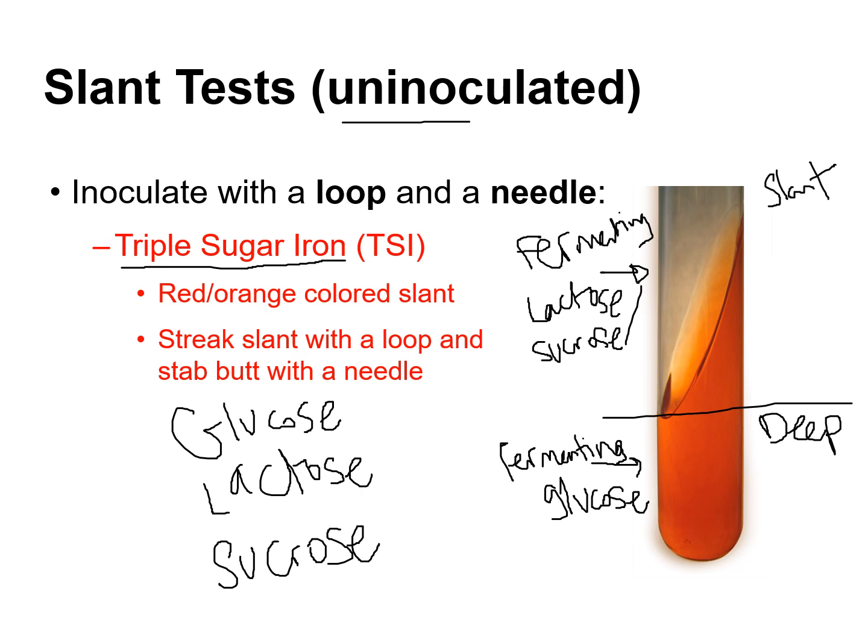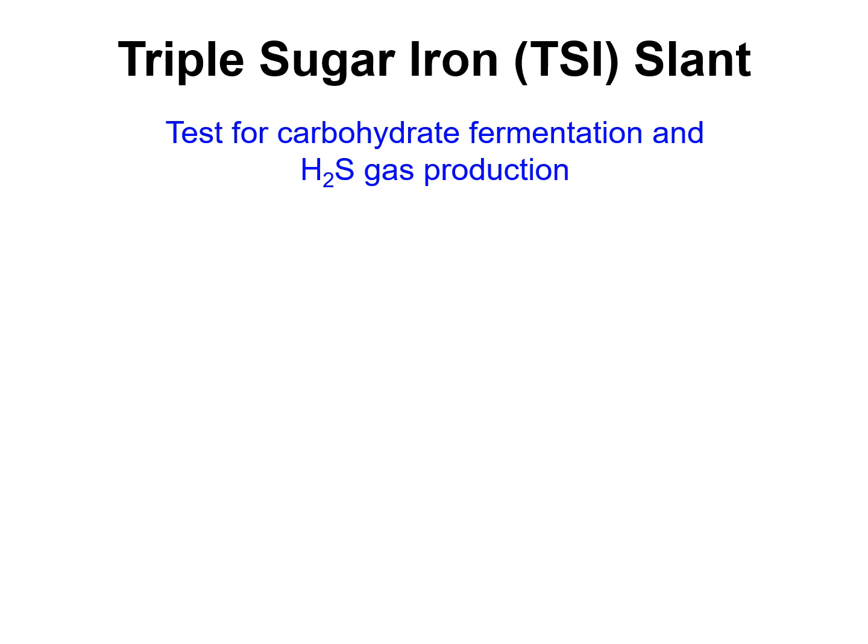We're going to talk about that in just a minute. So the triple sugar iron test tests for 2 things: carbohydrate fermentation, and hydrogen sulfide gas production. Let's take a look at the results together.